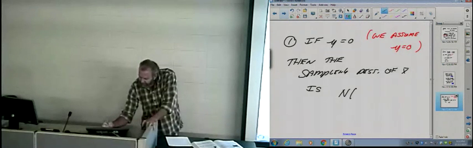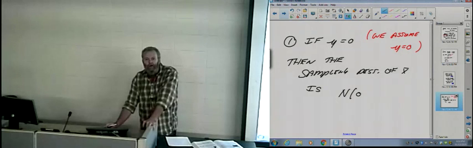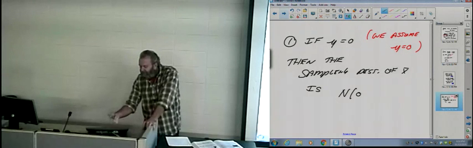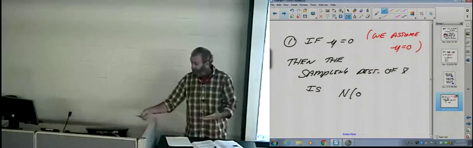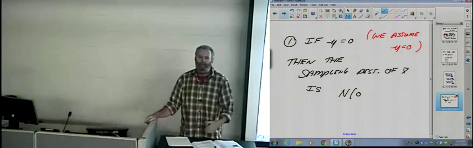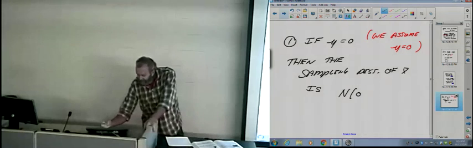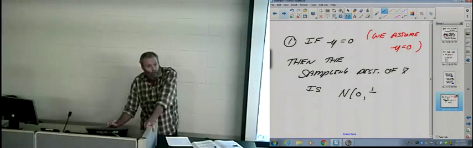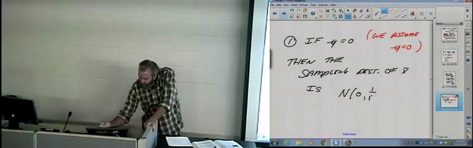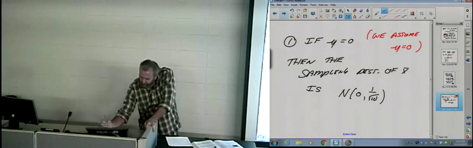The mean is, how do I know the mean is 0? What's that at the top of the page? Mu is equal to 0. That's your mu, right? We're assuming this to be 0. And then what's the standard deviation? It's the standard deviation of the population, sigma, over the square root of your sample size. Now, I'm going to put this in blue.